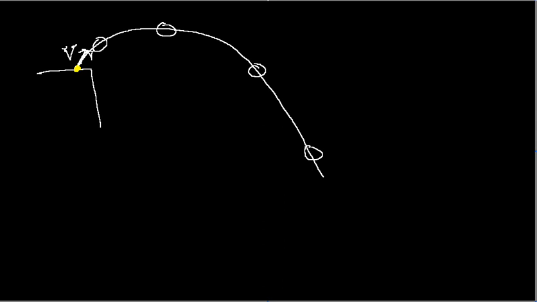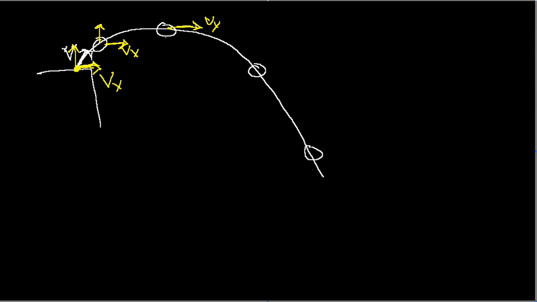At this point here, you see this is the velocity. It's got an x component and it's got a y component. Over here, it's got an x component and a y component upward. Over here, it simply has an x component, and I'm going to designate the velocity in the x like that.